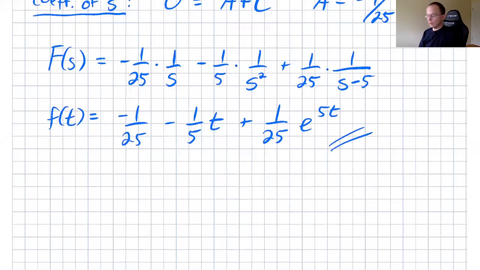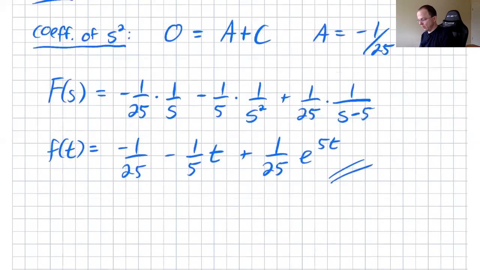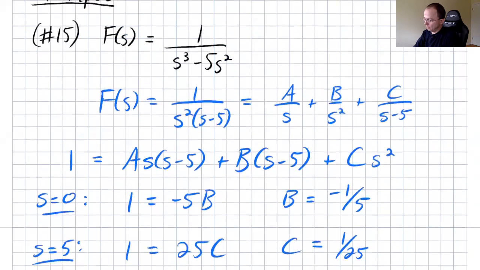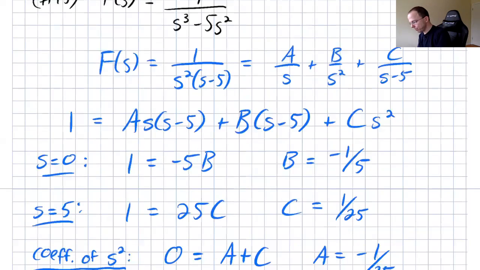Okay, so there we have it. That's what happens when we have a term like this in the denominator, an s squared. It means that we have to do partial fractions like this for that s squared term. Okay, let's look at another example.